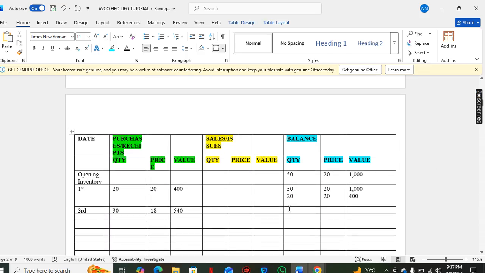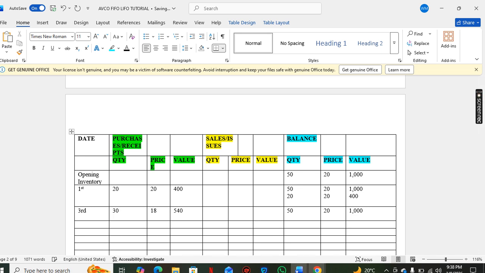We initially have the 50 units valued at 20 kwacha, total value 1,000. 20 units valued at 20 kwacha, 400 kwacha. Then you brought in another 30 units valued at 18 kwacha, 540 kwacha.